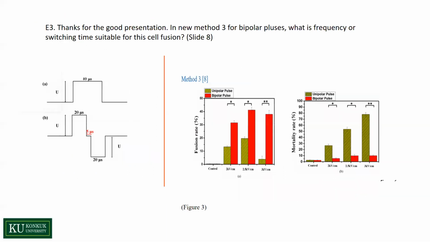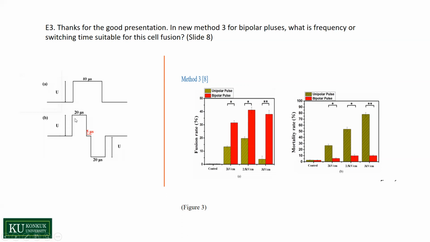In question 3, I am asked, in the new method 3 for bipolar pulses, what frequency or switching time is suitable for this cell fusion? I'm going to describe it in this way. For my new improvement method, I want to use a bipolar pulse with approximately half the period of the unipolar pulse.